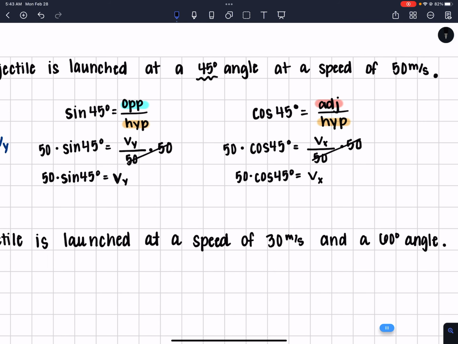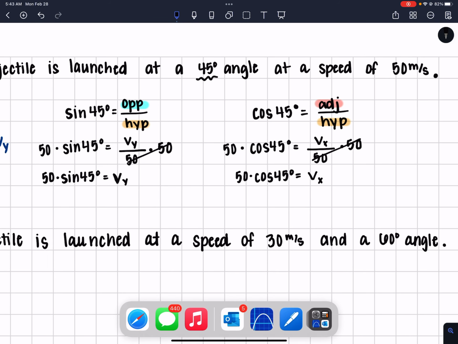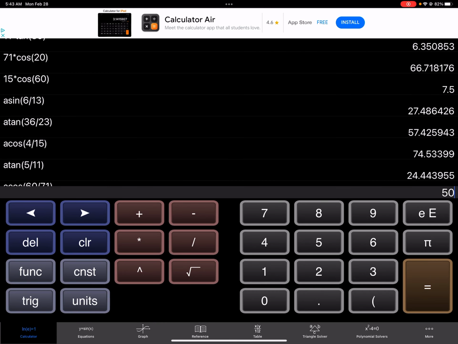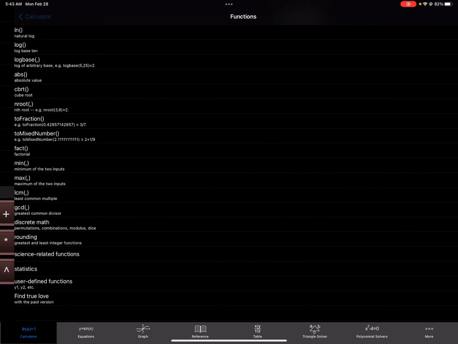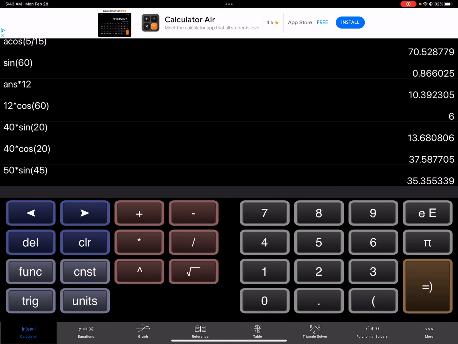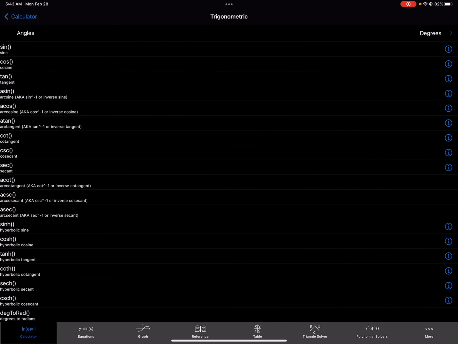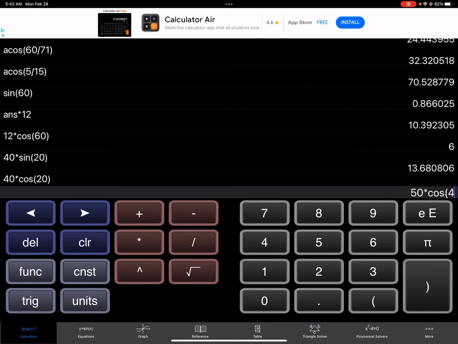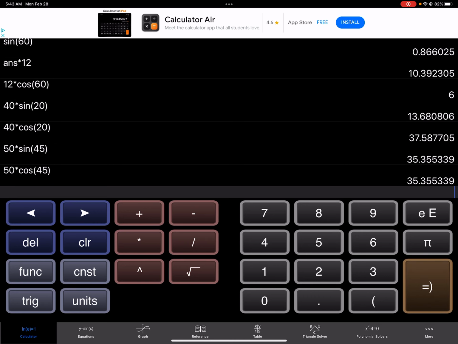So I know exactly what I need to plug in my calculator, so let's go ahead and see what we get. 50 times the sine of 45 is 35.4, and let's do 50 times the cosine of 45. Oh wow, I get the same thing.